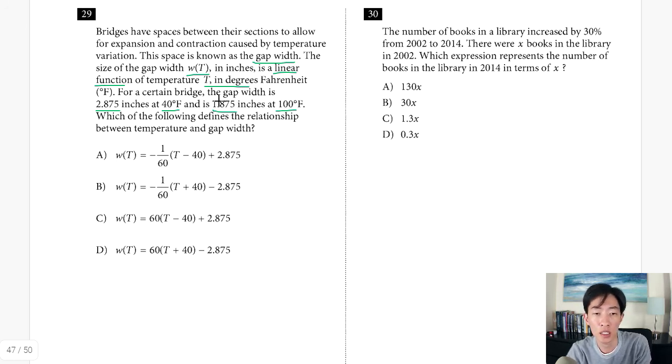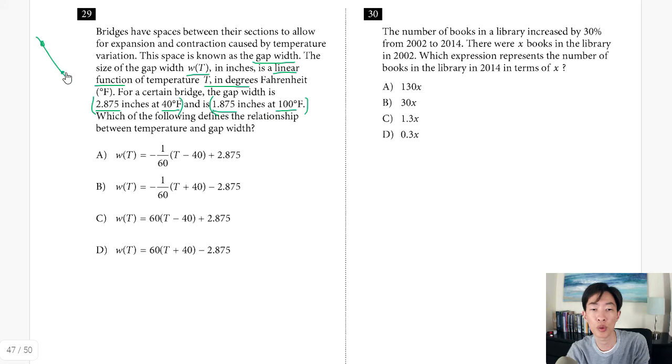So they're telling us that this is a linear function. The gap width you could think of as the y value. The temperature you can think of as the t value. So if you're imagining a line, whether it goes up or down with a positive or negative slope, when they say the gap width is 2.875 at 40 degrees, that's like saying this is 1 point on the line, maybe here, and then it's also 1.875 at 100 degrees.